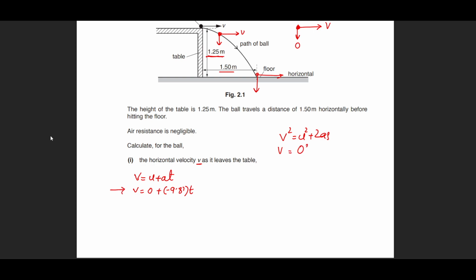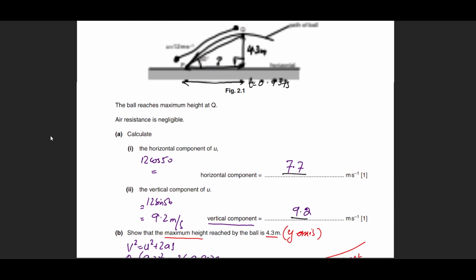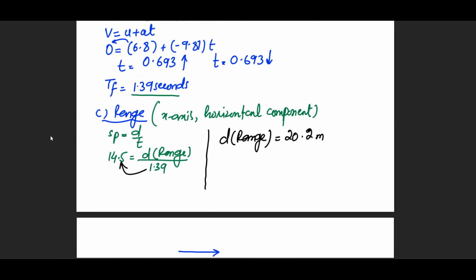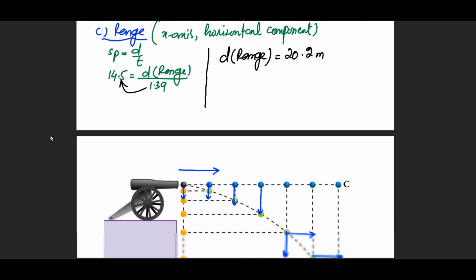The initial velocity is 0 squared plus 2, and it is moving under gravity, which is negative 9.81. And the displacement downwards is 1.25. Now there is a problem. This is why I was encouraging that if you are moving in the second half of the projectile motion, in this situation, since both of them are in the same direction, I would advise you to take all of them to be positive.